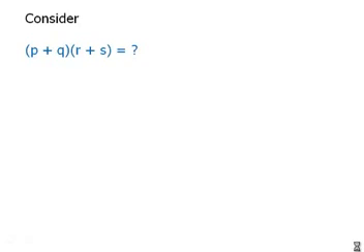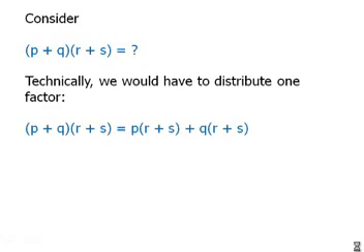So think about this. Here we have two binomials, that is to say, two factors, each of which involves the addition of two terms. And so how do we distribute? Well, technically, we would have to distribute one factor. So let's say that second factor, r plus s, that whole thing as a factor, we'd have to distribute it across the first addition.